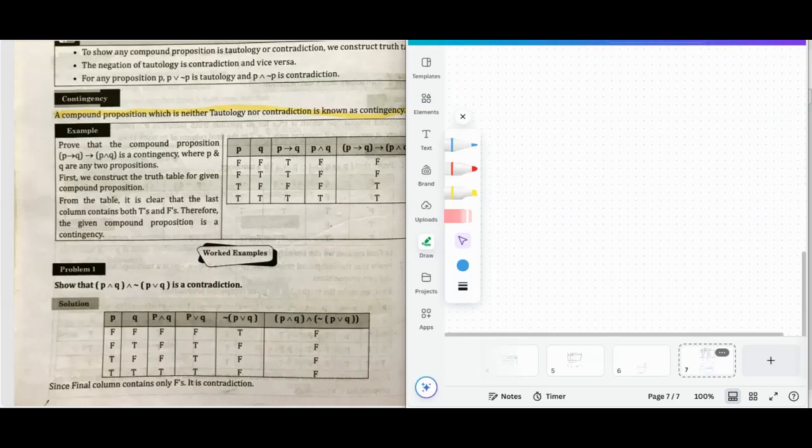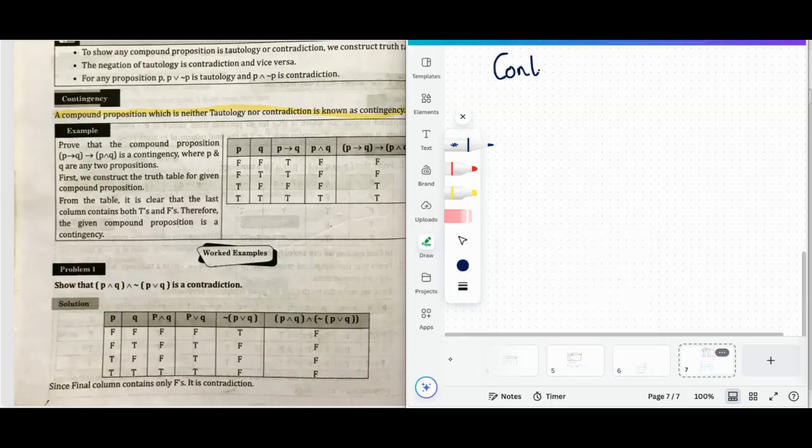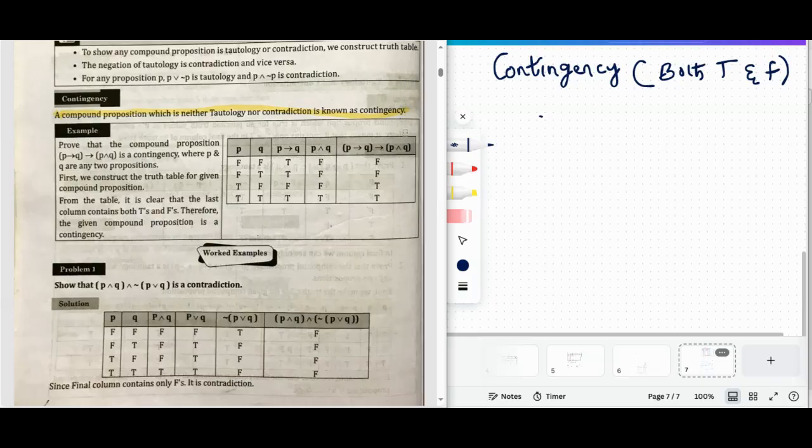If you get both T and F together in a truth table, then it is called a contingency.